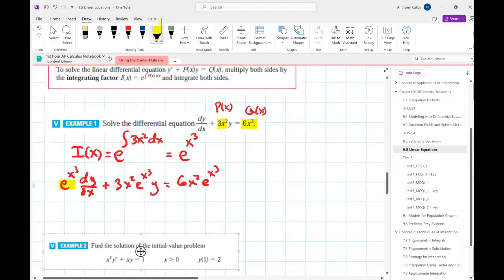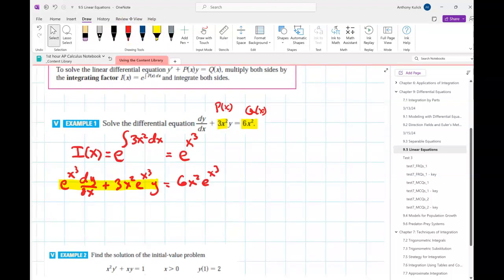But the whole point of this is this left-hand side becomes just the derivative of I of x times y.